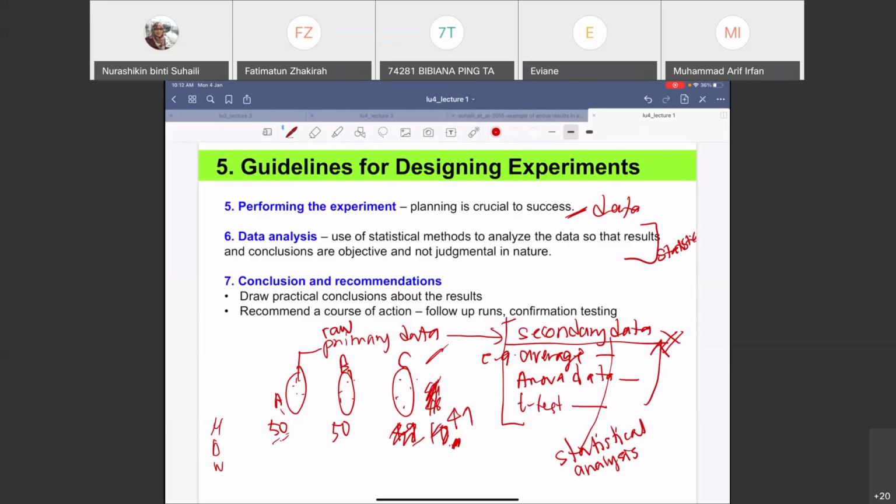So the conclusion is based on your secondary data, because in ANOVA, you will get the F values and all this, right? And it will lead you to the decisions and conclusions. So the conclusion is based on the secondary data. So that's the importance of statistical analysis, because at the end, this is the most crucial part.